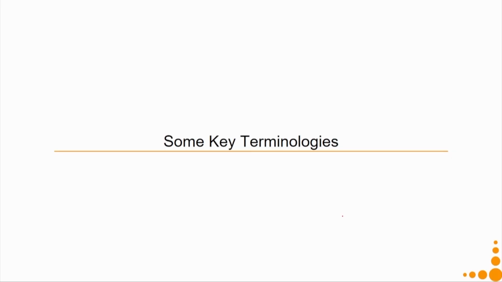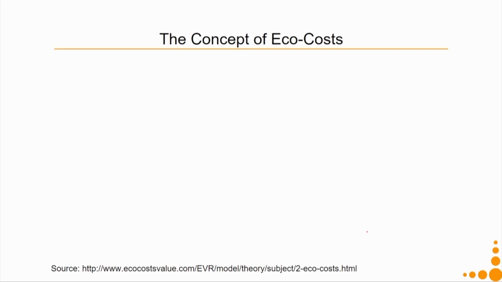Before we get into how to do life cycle assessment, we will start with some key terminologies that are essential to understand this concept. The first one is the concept of eco-cost. Why are we doing this life cycle assessment? Of course, we come to know about the environmental impact. Now, how do I translate that in terms of money?